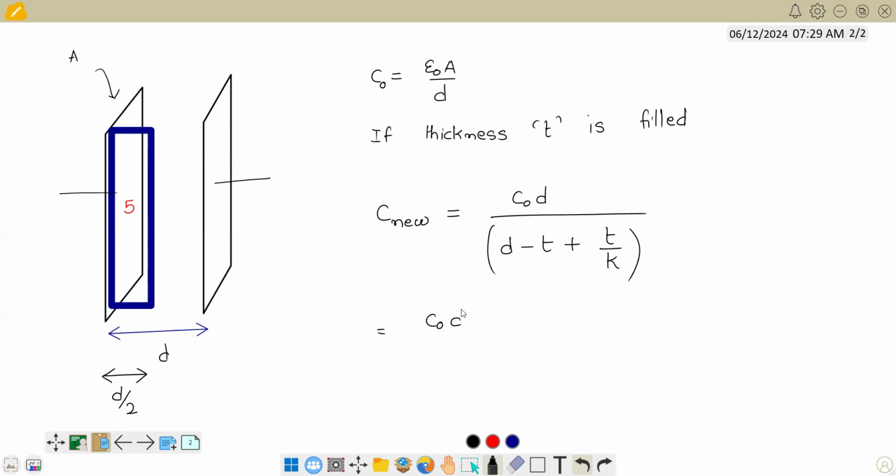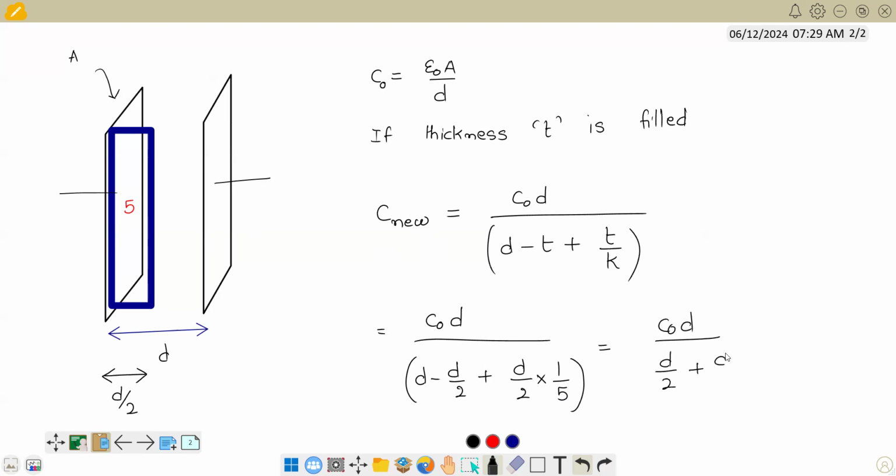We get C naught d divided by d minus d by 2 plus d by 2 into 1 by K. The value of K is 5. So we'll write C naught d, but d minus d by 2 is d by 2, plus d by 10. So I'll take it to the next page. So we get C new equals C naught d divided by, if I take d common, 1 by 2 plus 1 by 10.